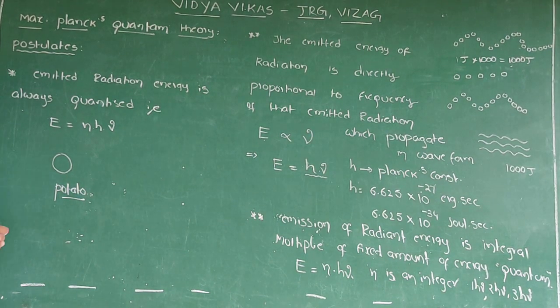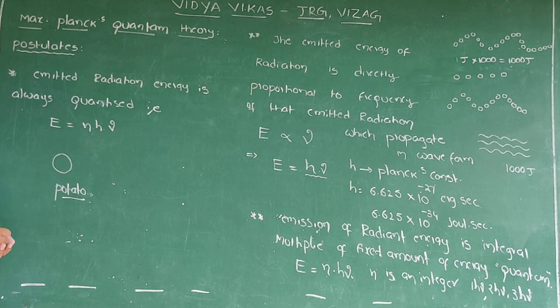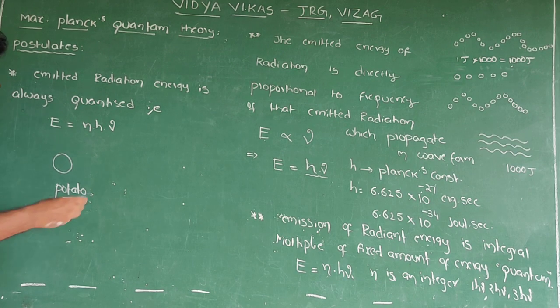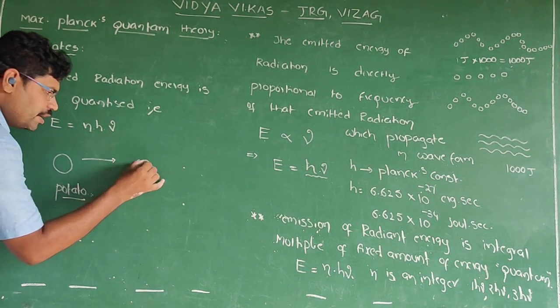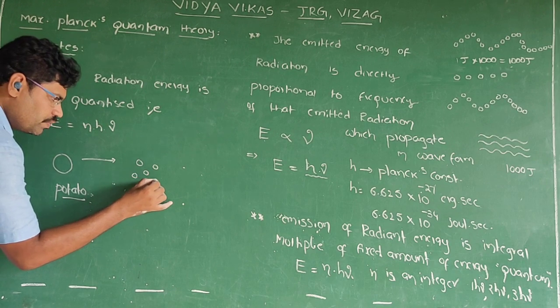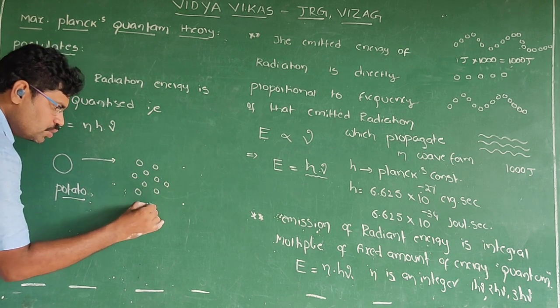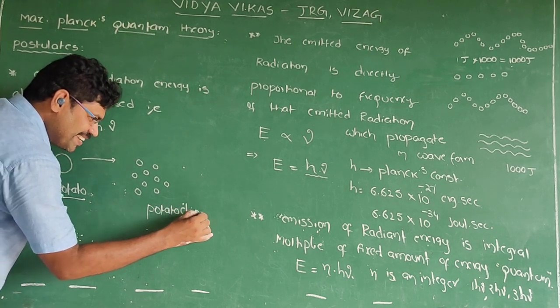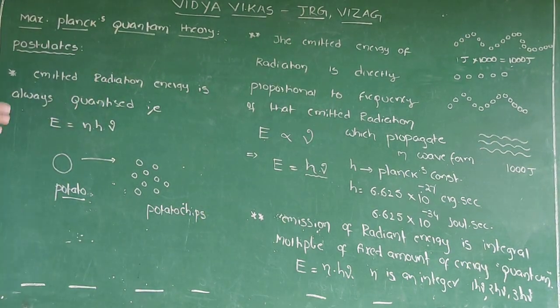Just imagine, and whenever we make cut into pieces and just fry, we get what, sir? We get small chips. That's what we call potato chips. Dear students, potato chips. Sir, what is quantization? Hey, wait man.